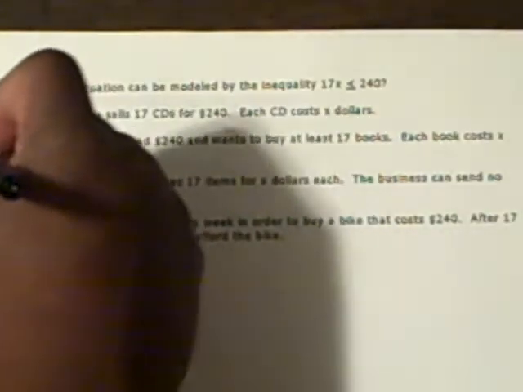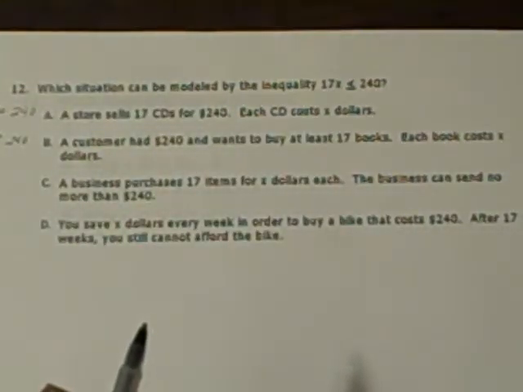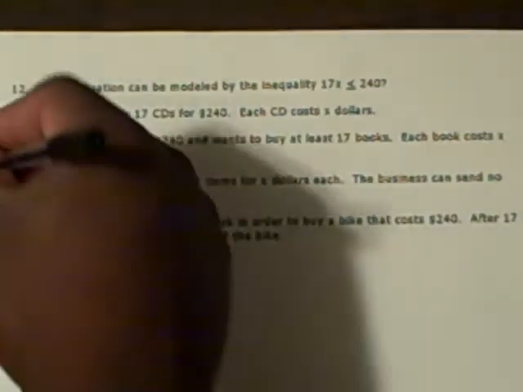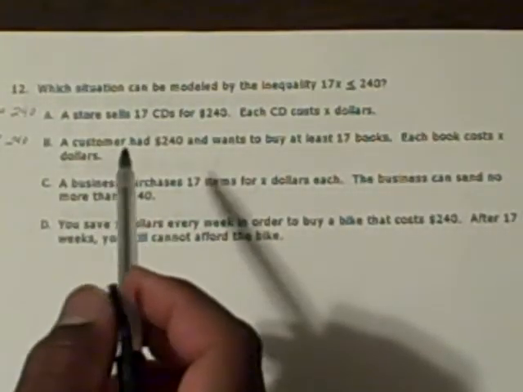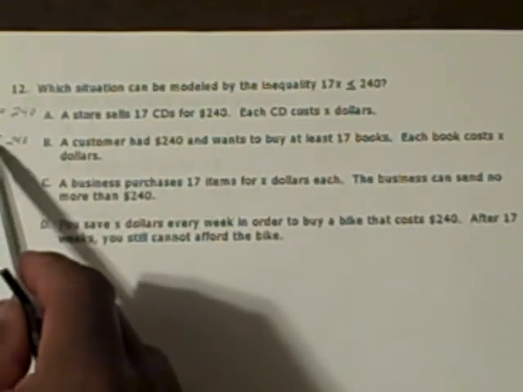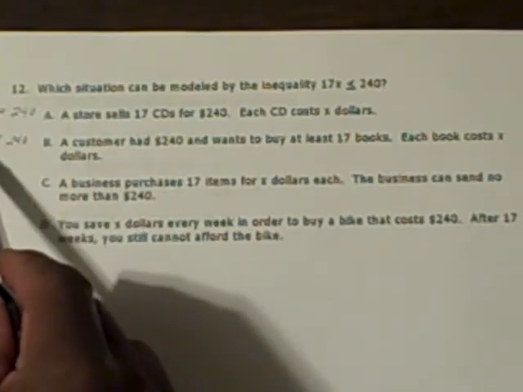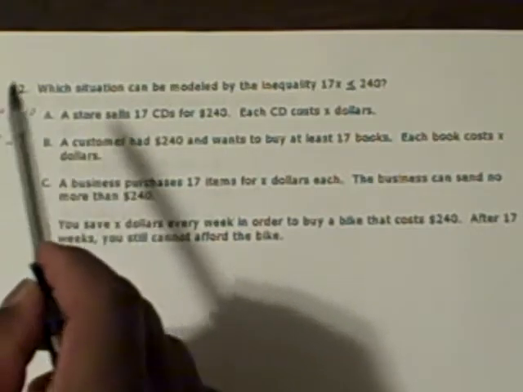So at least 17 books. Each book costs X amount of dollars. So if it is at least 17 books, our inequality sign will face this way. Okay?